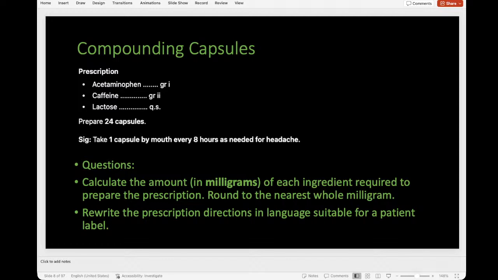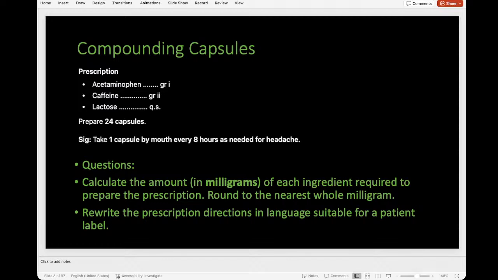So QS, you may see this quite a bit. I have seen it in practice. QS is, you could say, sufficient quantity or quantity sufficient. This is the part where you're going to have to perform some calculations to figure out how much lactose is needed, or other sorts of calculations in these types of questions.